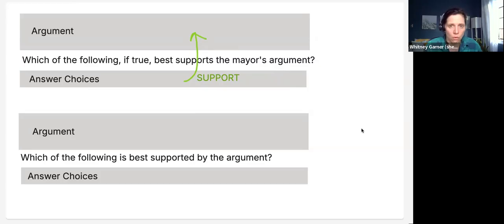The second one, though, which direction is the support going? It's a subtle shift in the language. In the first one, it's which of the following supports the argument. In the second one, which of the following is supported by the argument.